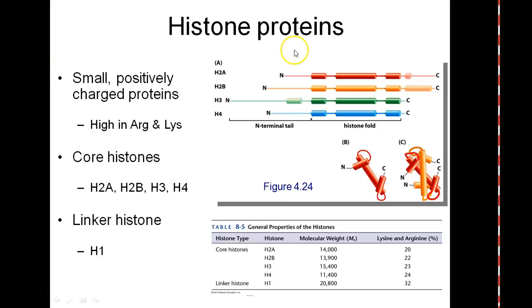And histone proteins are small, positively charged, high in arginine and lysine, and we can distinguish the so-called core histones, H2A, H2B, H3, and H4, and also a linker histone, H1. This histone is going to bind in the linker region. Here in panel A, we can see the structure of the histones.